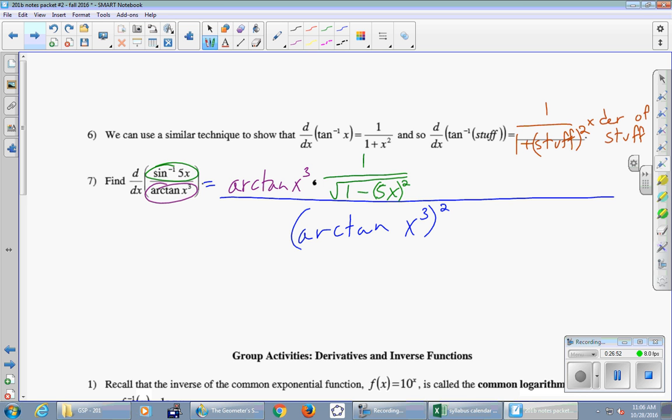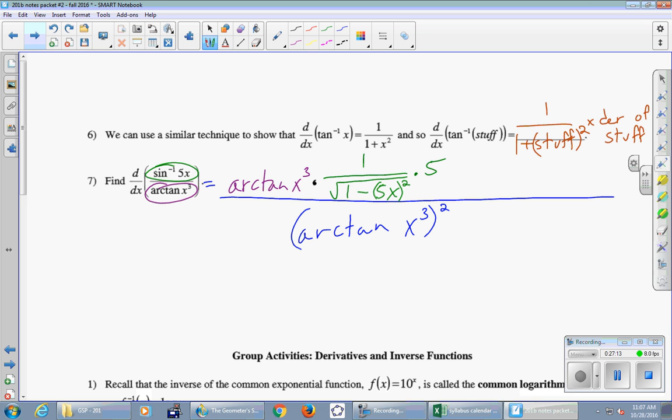Stuff squared. Okay, and then Talo, what are we putting at the end? Times 5. The derivative of the stuff. The stuff is just 5x. It's really tempting to think this stuff is 5x squared, right? This is what I said before. It's not 5x squared, it's 5x. Squared is just part of the inverse sine rule.